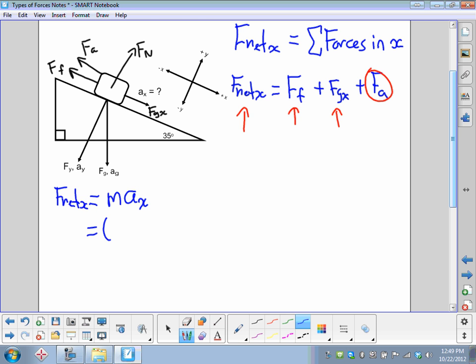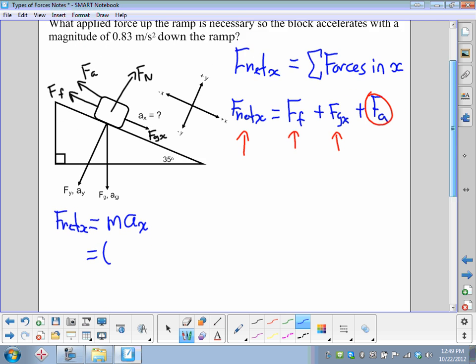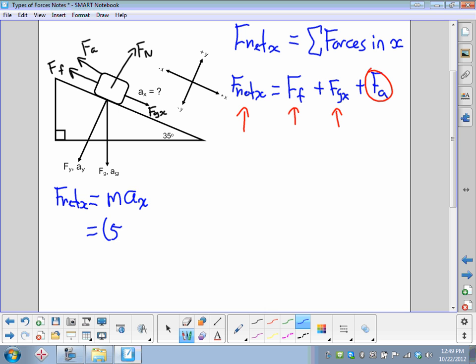So mass, once again, is 55. Acceleration, 0.83. So those two numbers multiply to get 45.65. And that is newtons, and that's our net force down the ramp. Down the ramp is positive, the way I've labeled my axes, so I leave this as a positive value.